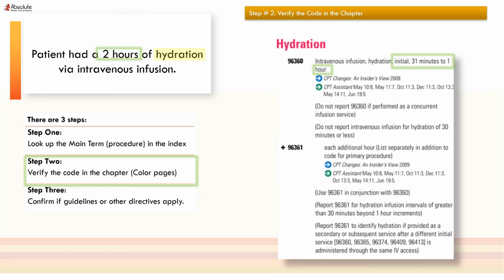So we would code 96360. However, we need to account for 2 hours, and 96360 is only accounting for up to 1 hour, from 31 minutes to 1 hour. Looking down, 96361 would cover the other hour that we need. So we're going to use both of these codes.